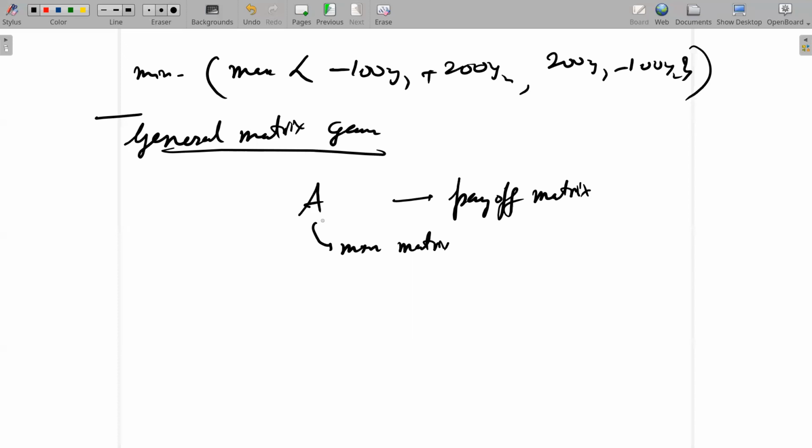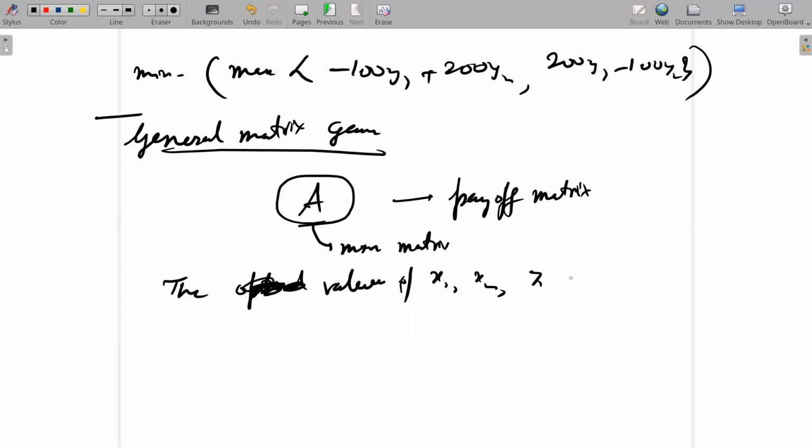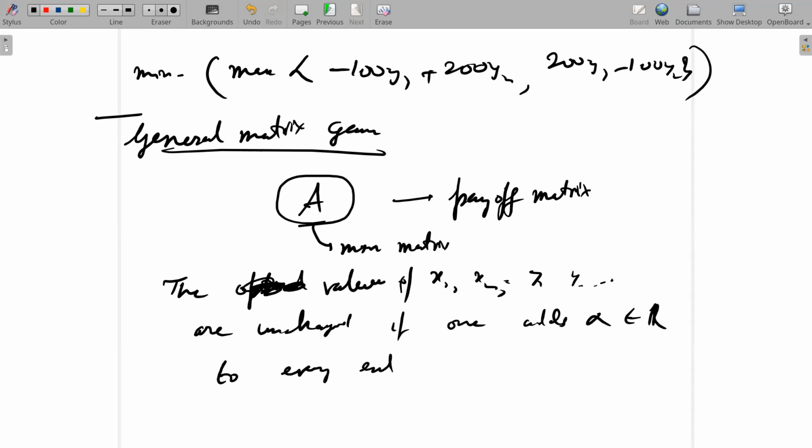Without loss of generality, in this payoff I can always add alpha to every entry. So the values, the optimal values, or let me not use the word optimal, the values of x1, x2, y1, y2, and so on are unchanged if one adds alpha to every entry of A. So essentially you have changed the payoff.